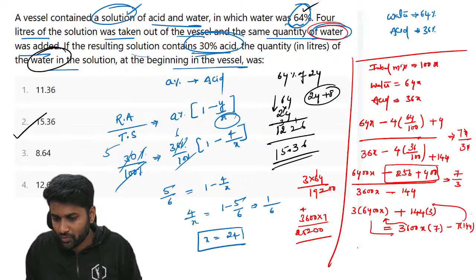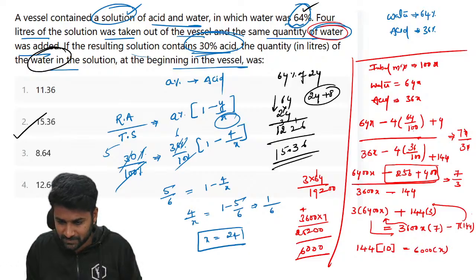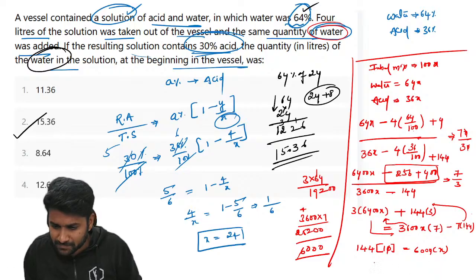As you know, 144 is common. So 144 and 7 plus 3 is 10, is equal to the difference between values, 0, 0, 2 minus 2, again 0, 25, means it's 6000x. Clear? Further simplification.